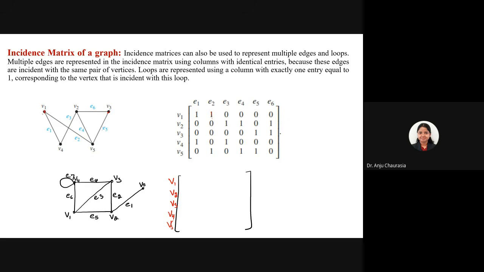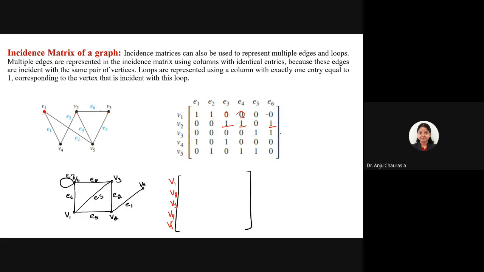E3 from V1, is E3 passing? No, so it is 0 here. From V1, is E4 passing? No, so 0 here. E5, E6, like this. From V2, you can see E3, E6 and E4, and for the rest of the vertices, 0.